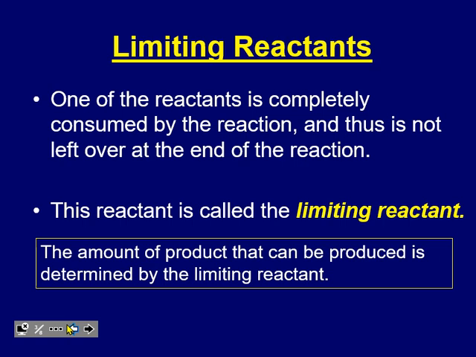Even though you've got extra of everything else, the one that runs out stops the process and you can't make any more. The same is true with chemicals, all right? You'll have one chemical that there's extra of and the other one's going to run out, and then it's done because you have no more parts to make the product.